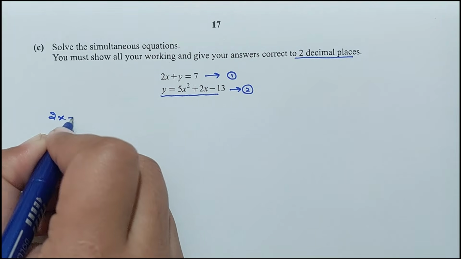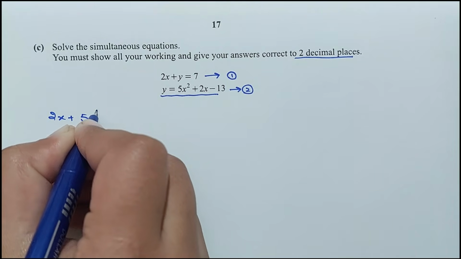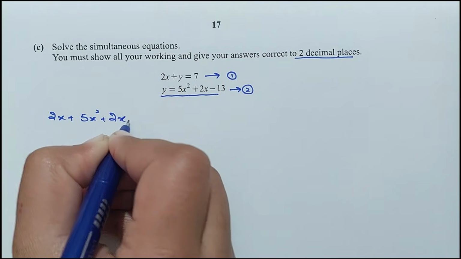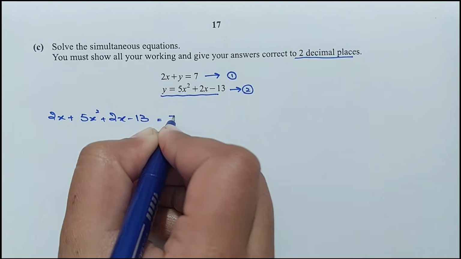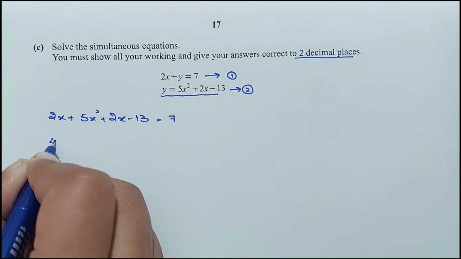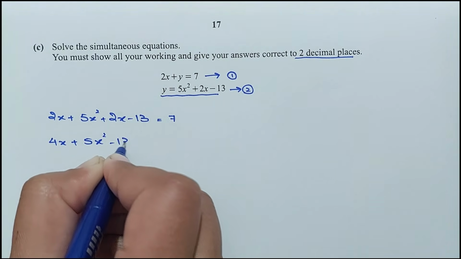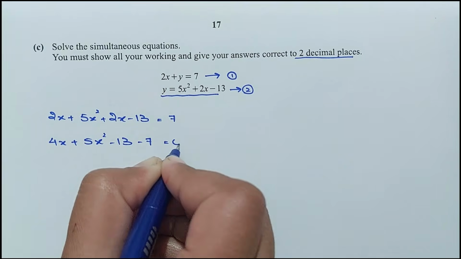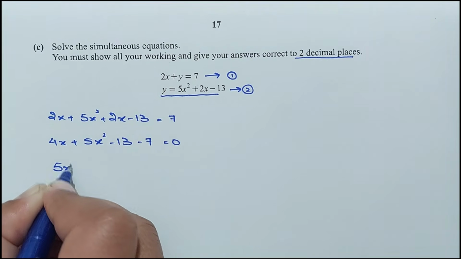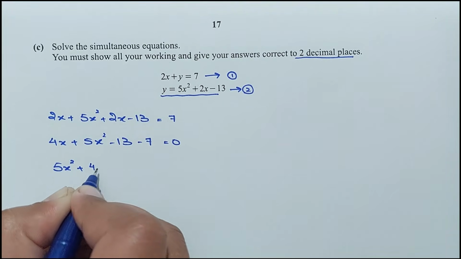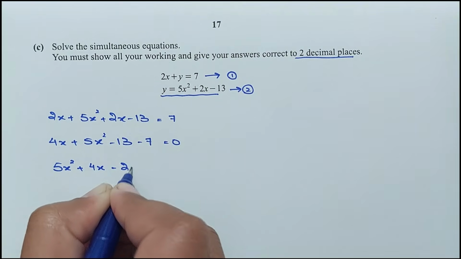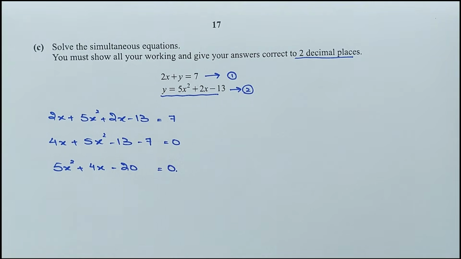So 2x plus the y value is 5x square plus 2x minus 13 equals to 7. So this would be 4x plus 5x square minus 13 minus 7 equals to 0. 5x square plus 4x minus 20 equals to 0, right?